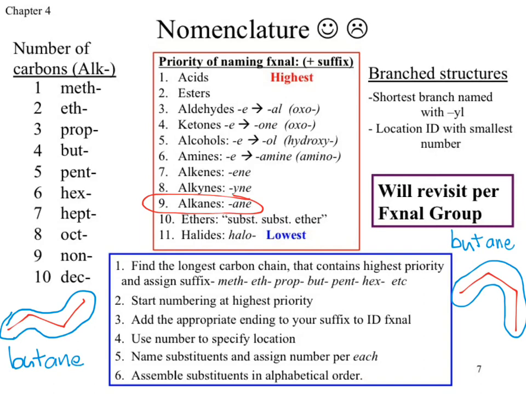Use numbers to specify locations. Well, that's assuming that we have something else in our structure. Is there anything else in our structure? Nope, so we can skip that rule as well. So at our simplest level, we count our carbons, and we name our structure based on the number of carbons within it. Yes? So the number identifying the location would be referring to which carbon? Yep. In this example, in theory, hopefully everybody sees this as a relatively simple example. We will look at some more advanced ones.